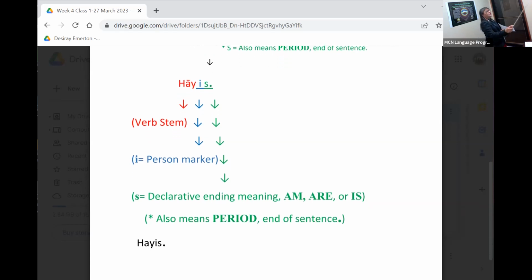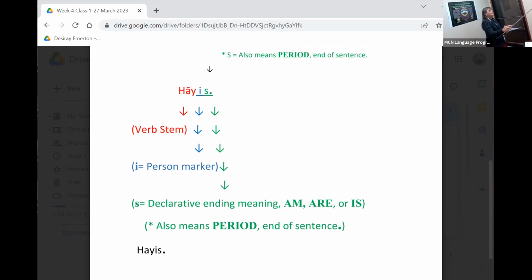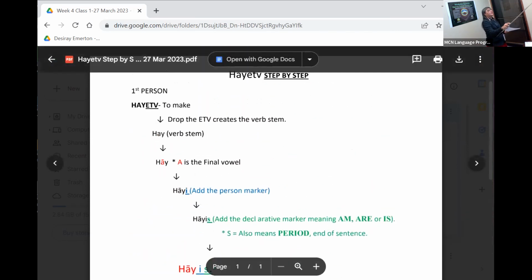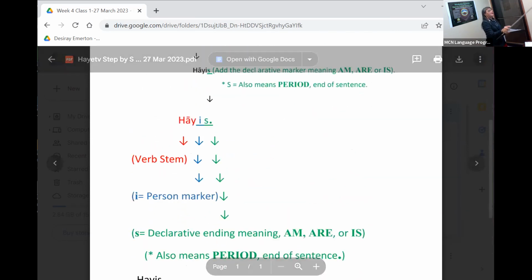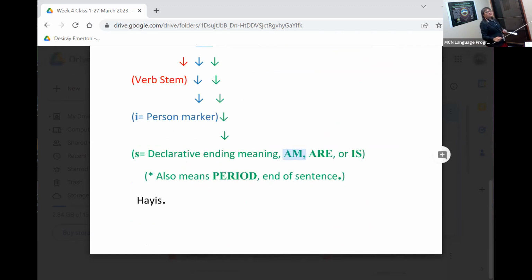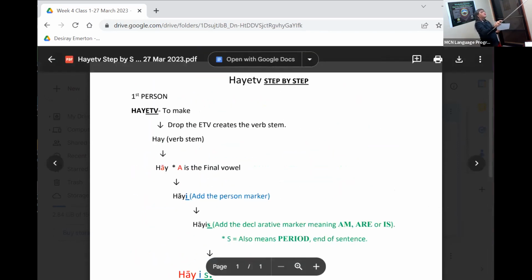And you see that I finally put the period on there. I was talking about this last time. I left the period off. And so you see how you go from hayada to hayas. And so this one word right here means I am making.